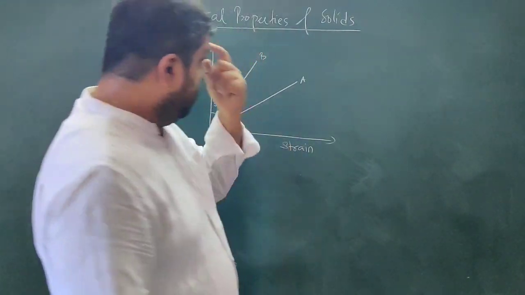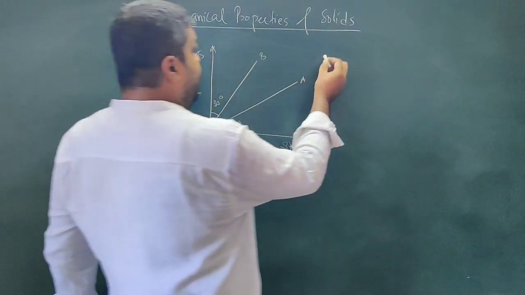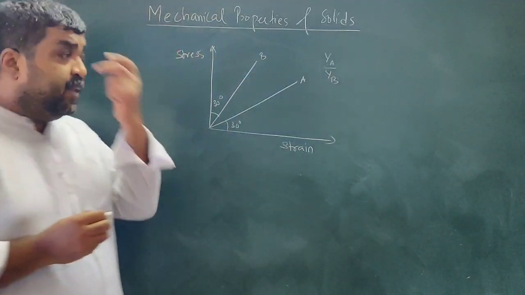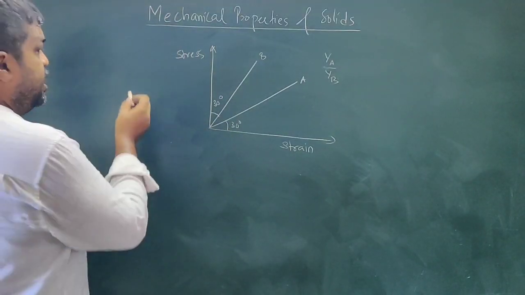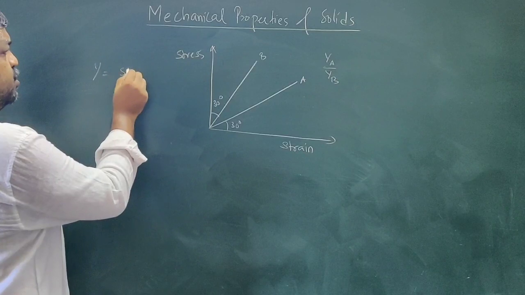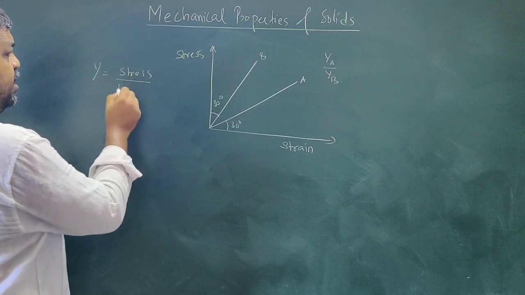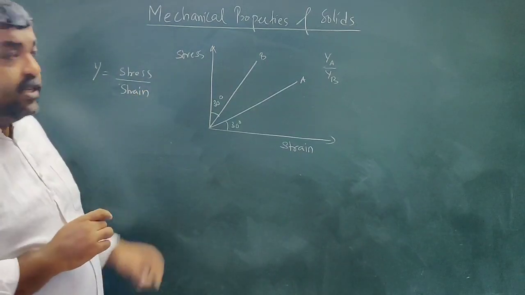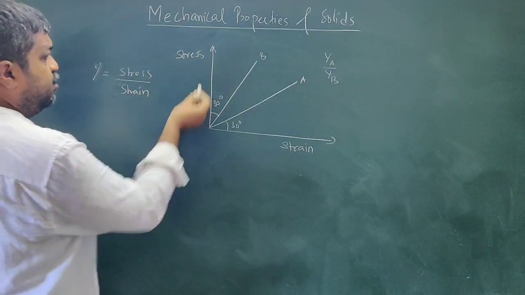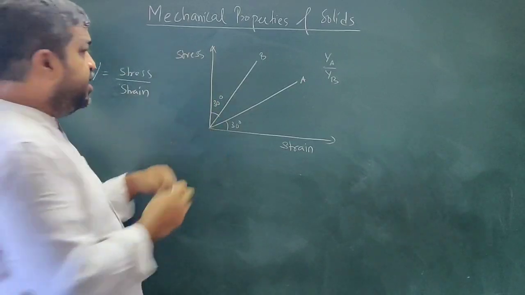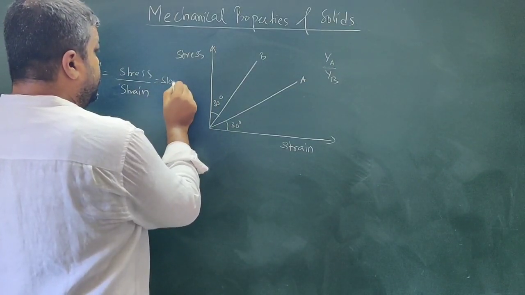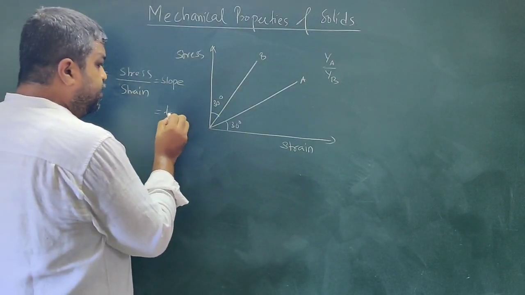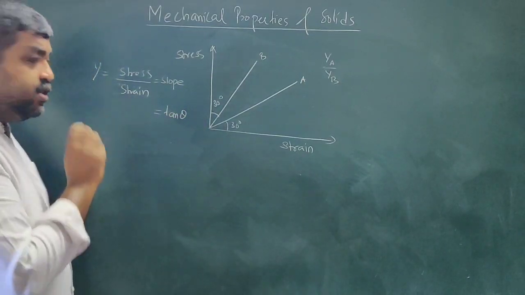Ratio of Young's modulus means basically we have to find YA by YB. Now see, Young's modulus is a ratio of longitudinal stress by longitudinal strain. So basically it is equal to the slope of this graph. Now slope is equal to tan theta.